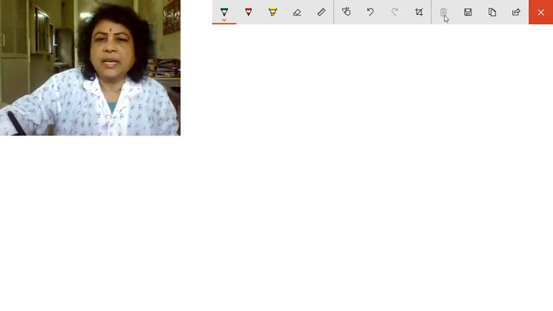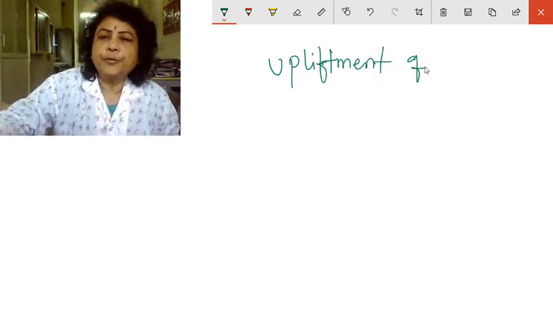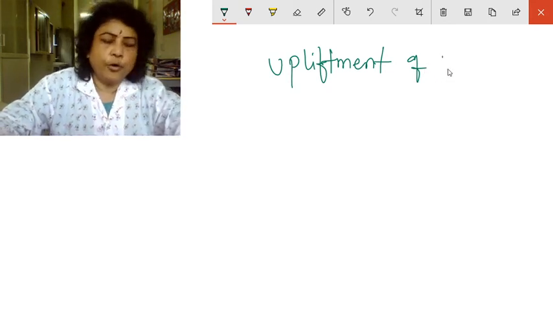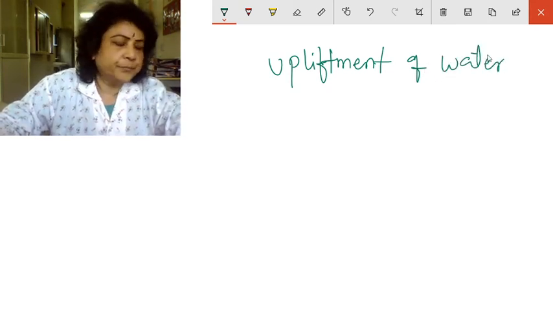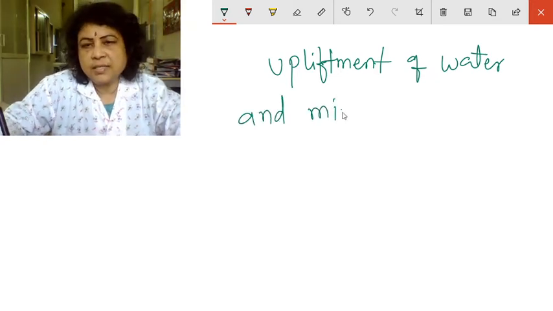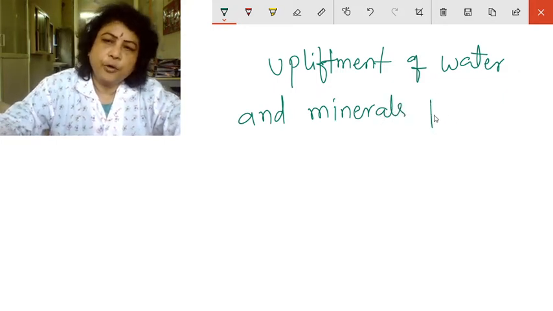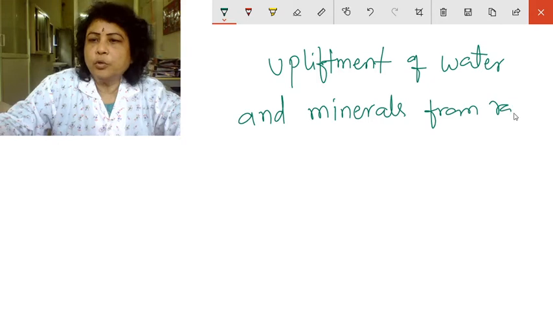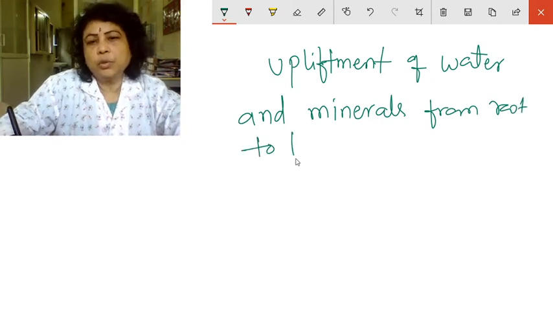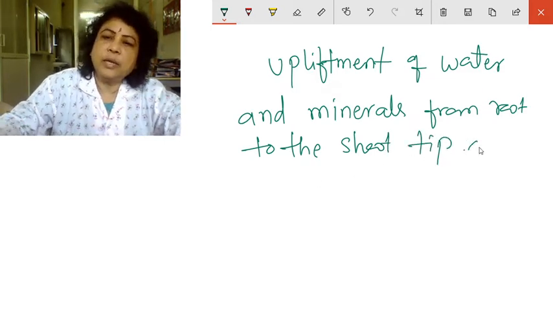Or we can say that it is the upliftment of water and minerals from root to the shoot tip, that means to all the parts of the plant.